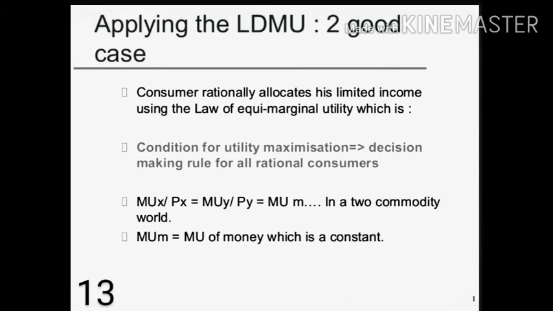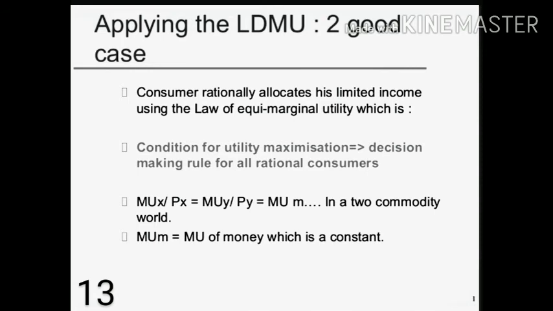The consumer rationally allocates his limited income using the law of equimarginal utility, which is the condition for utility maximization, a decision making rule for the rational consumer.